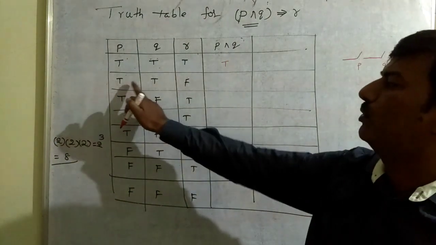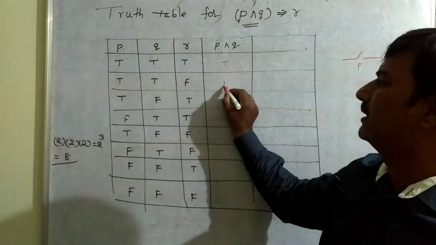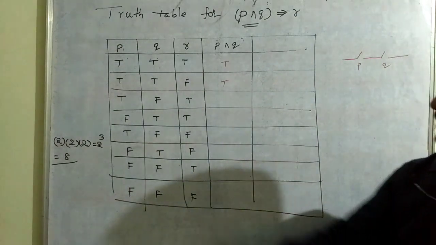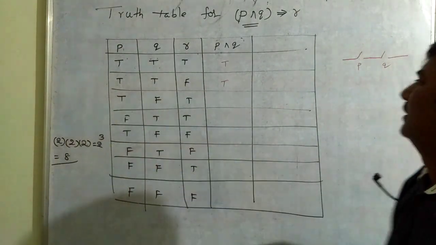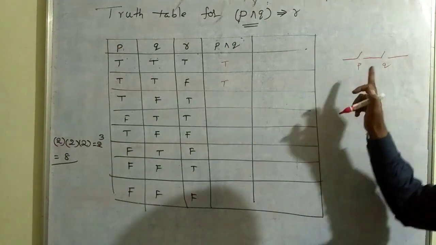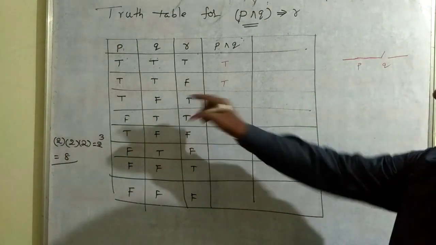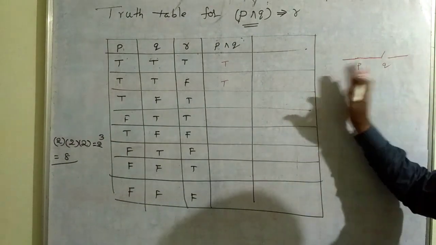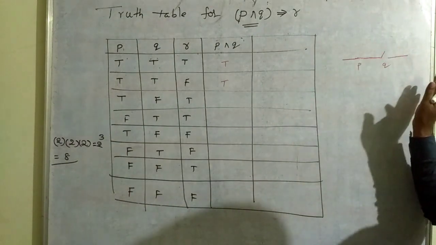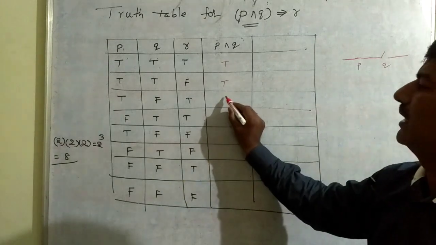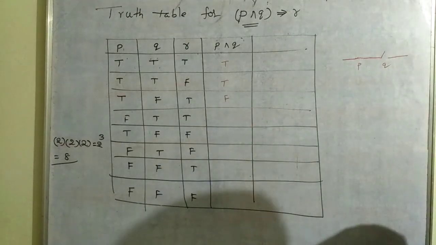Second, both true means we'll get the same case, true. True and false. P true, closed. Q false, open. Current passes only up to Q, not to the ending. So it doesn't pass, which means P and Q is false.